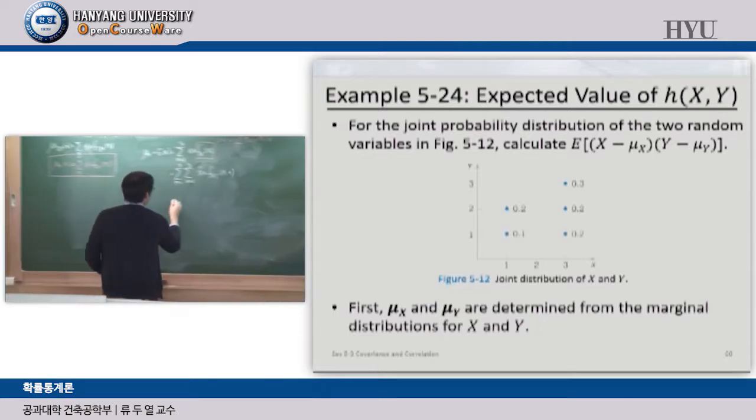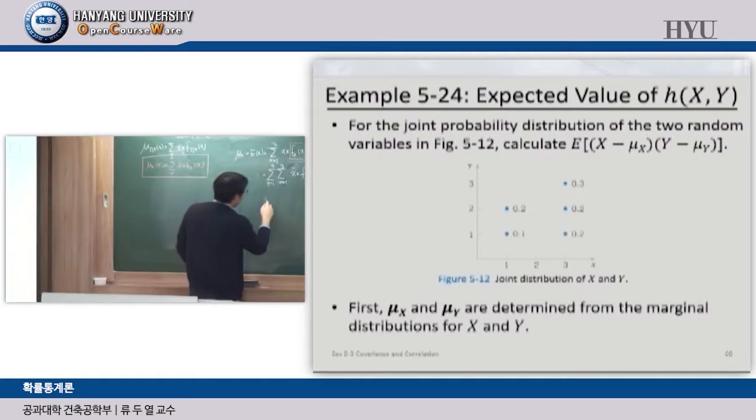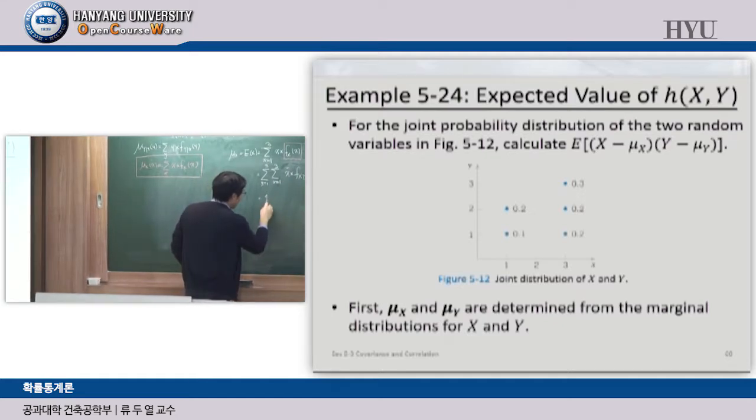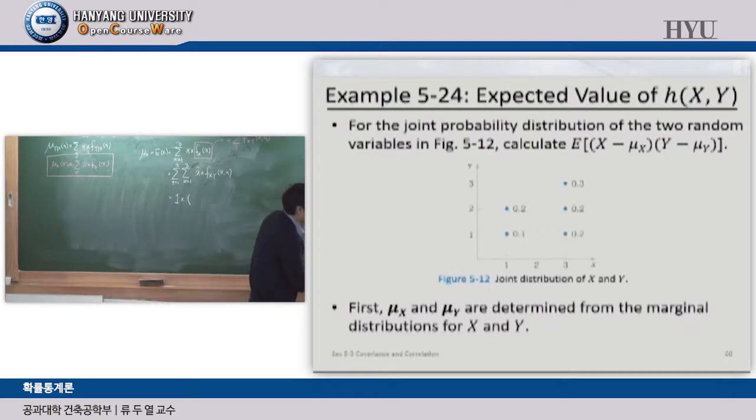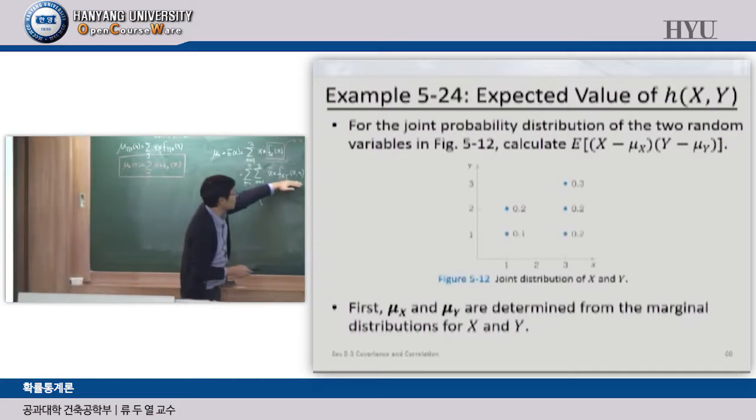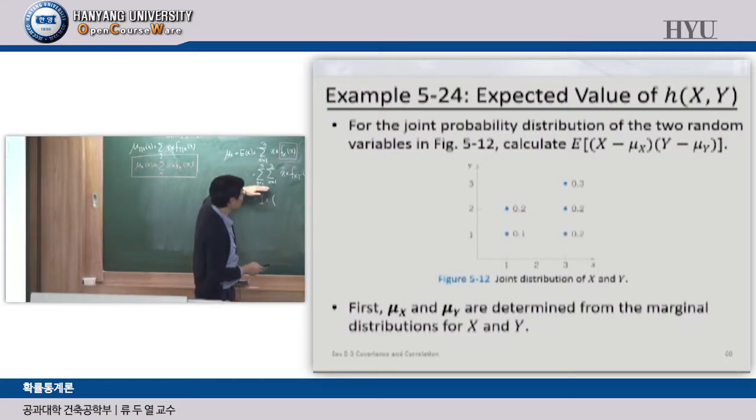So this can be calculated when x is equal to 1. What about the joint probability mass function when x is equal to 1? We have two options: 0.1 is when y is equal to 1, and 0.2 is when y is equal to 2. So this should be 0.1 plus 0.2.